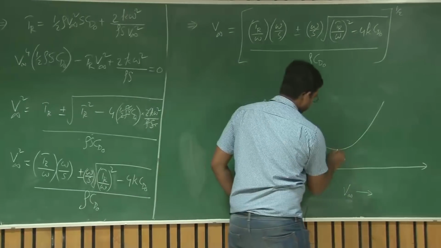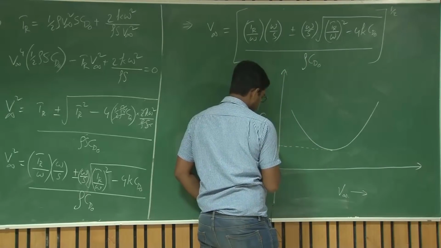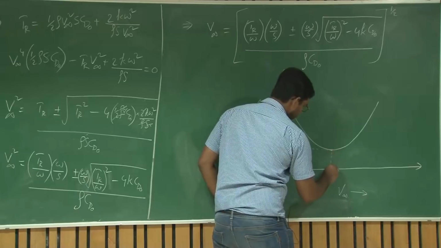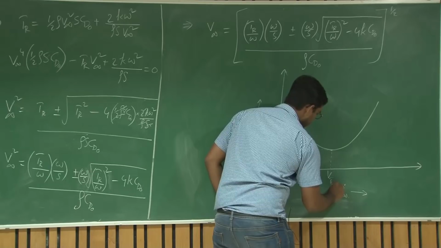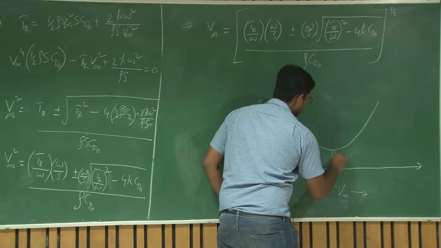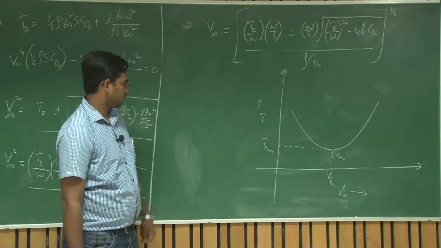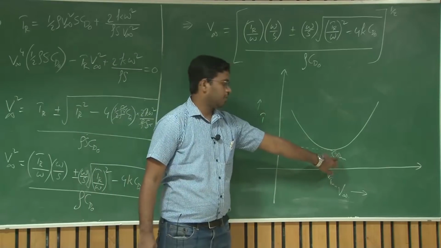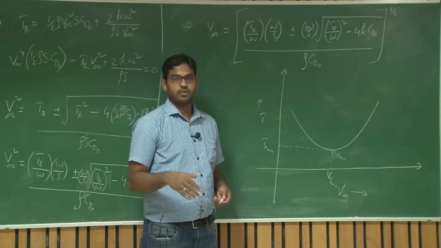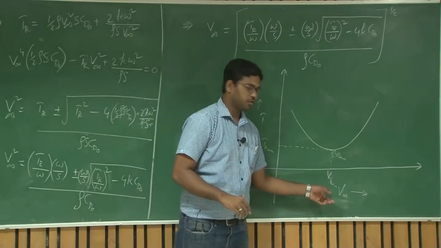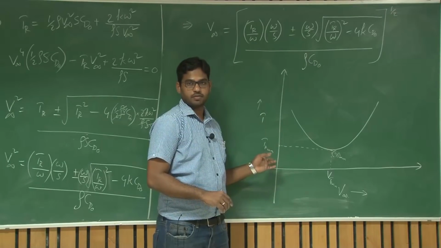This is the point of minimum thrust requirement, that is TR minimum, and the corresponding velocity is obtained by the L by D max condition. So the CL for L by D max is root over CD naught by K. You have to trim your aircraft to achieve that CL in order to fly at this particular V infinity, so that you are flying at minimum thrust requirement condition, right?